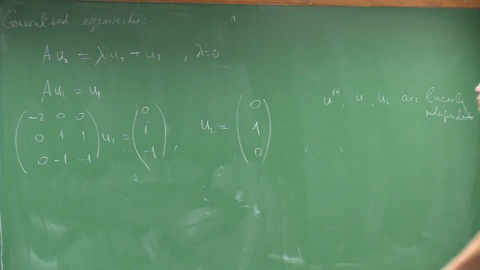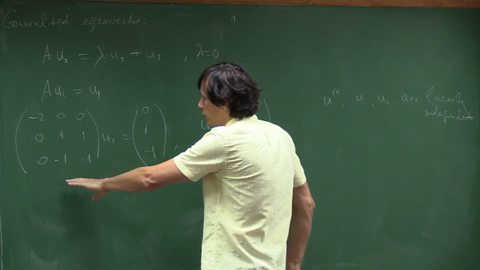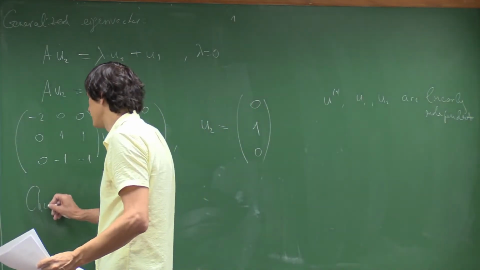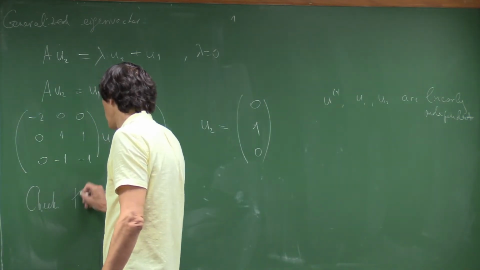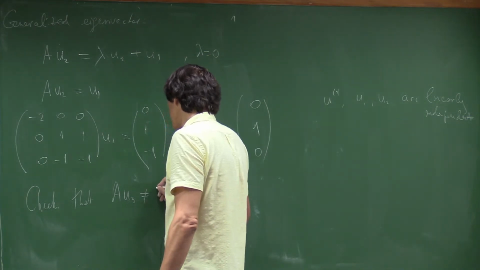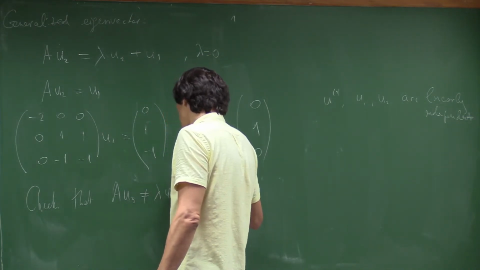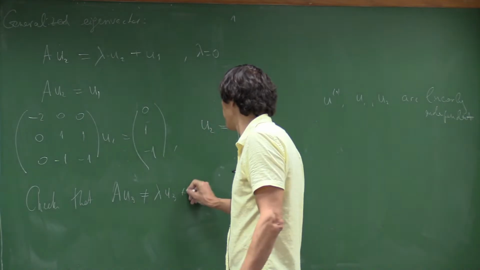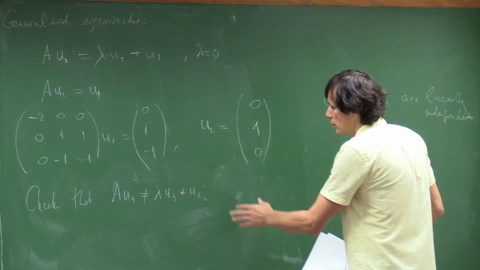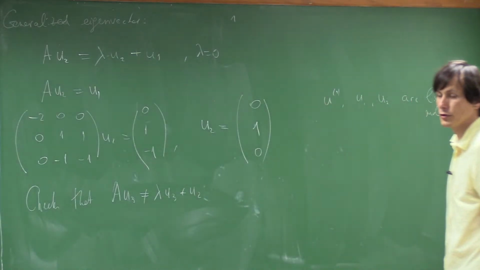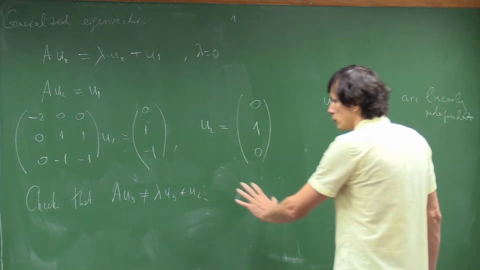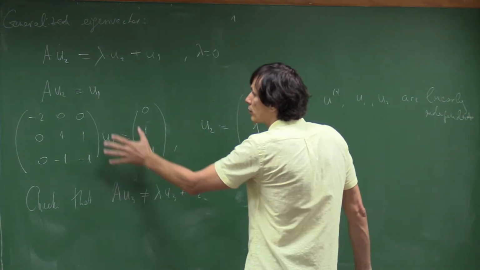You can check as an exercise that you cannot continue, but this is already guaranteed by the Jordan theorem. Otherwise, you would get more generalized eigenvectors. But anyway, we're already done.